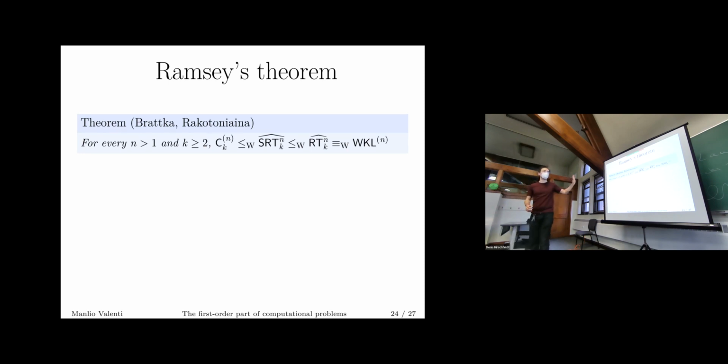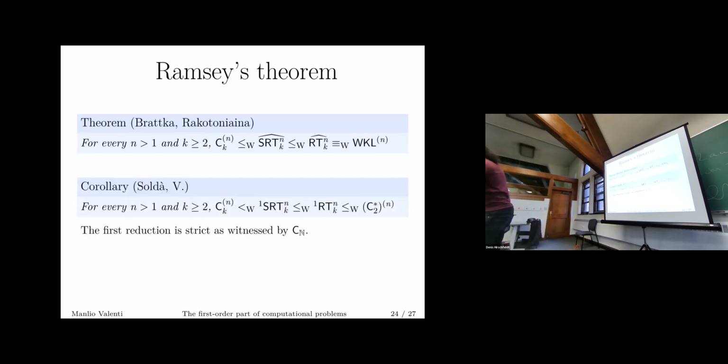So this is just what they proved in their paper, and therefore, as a corollary, now we jump in for free. We know the first order part of Weak-Koenig's lemma and its jumps. This is first order, so the first order part is this one. So we, for free, have bounds on the first order part of Ramsey and stable Ramsey theorems.